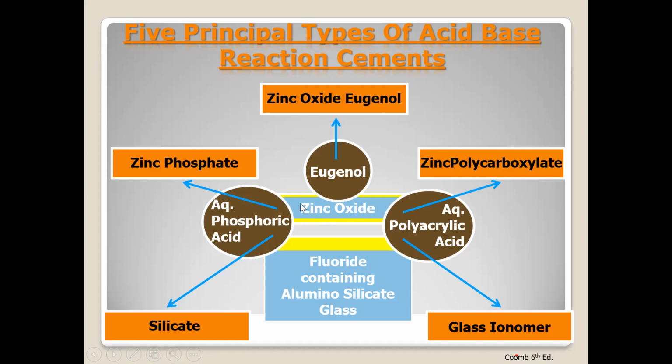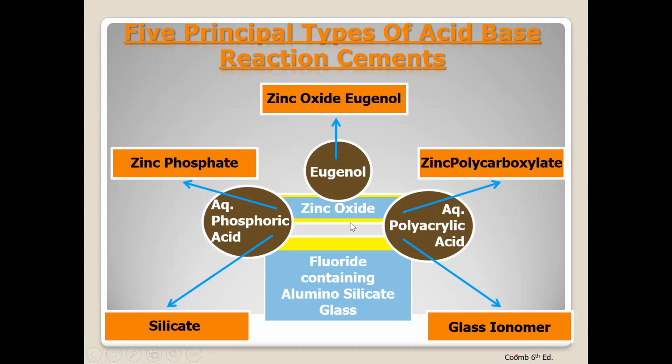So if the powder component is zinc oxide, it reacts with different types of liquids. You may have eugenol as your liquid, which will give you zinc oxide eugenol. The same zinc oxide reacting with polyacrylic acid will give you zinc polycarboxylate cement. And when combined with phosphoric acid, it gives the zinc phosphate cement.